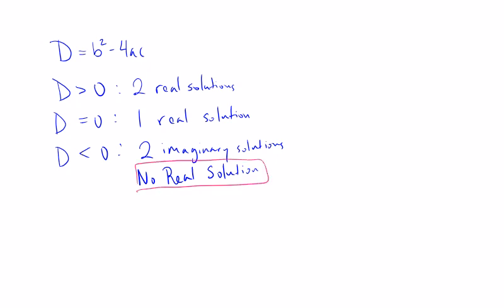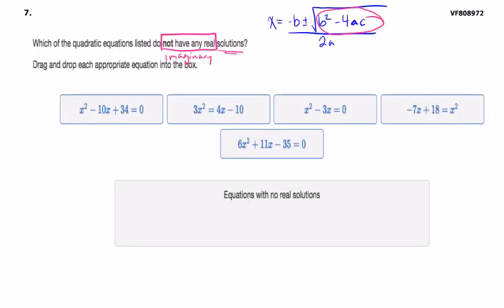So back to the other page. What I want to do is figure out which one of these has a negative discriminant, right? So I have to do 2 things. First of all, in order to use the discriminant, we have to put our equations into quadratic standard form: ax squared plus bx plus c equals 0.